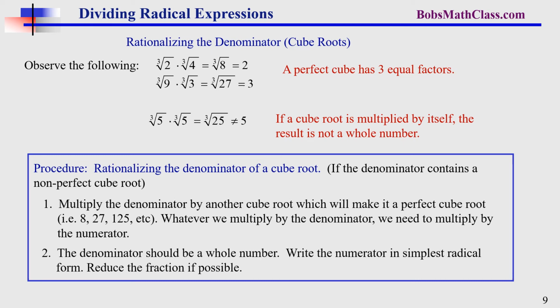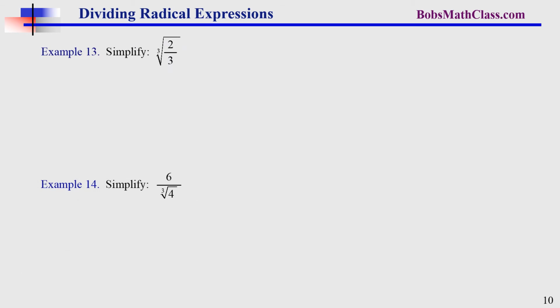All right, let's look at some examples. All right, here we go. The cube root of 2/3. Well, we're going to do the same thing. We're going to separate it. So now we have the cube root of 2 over the cube root of 3.